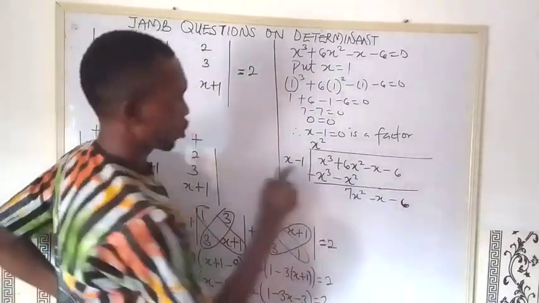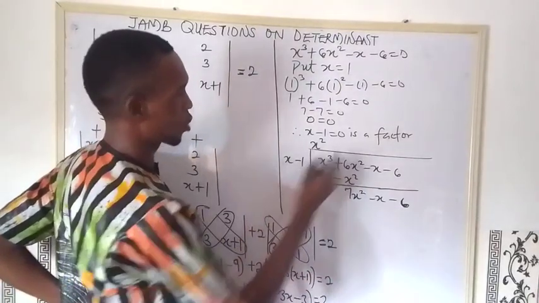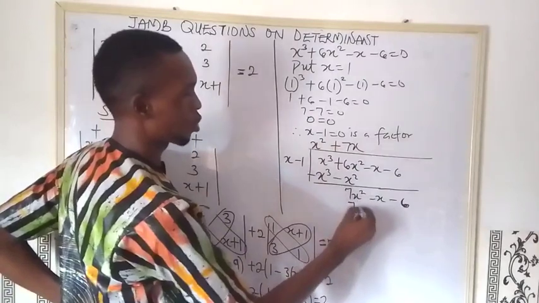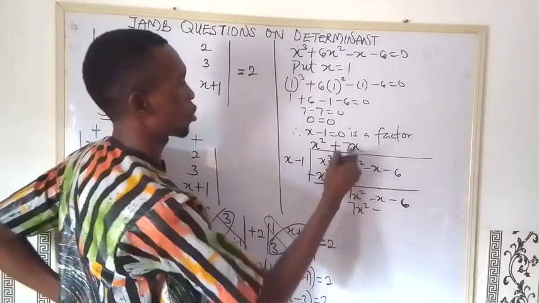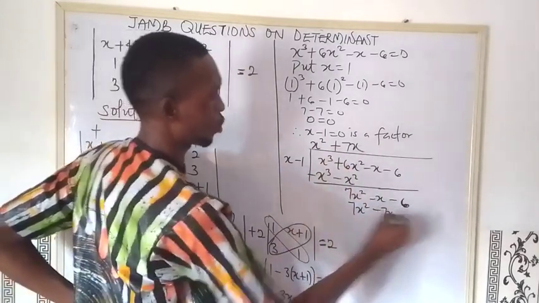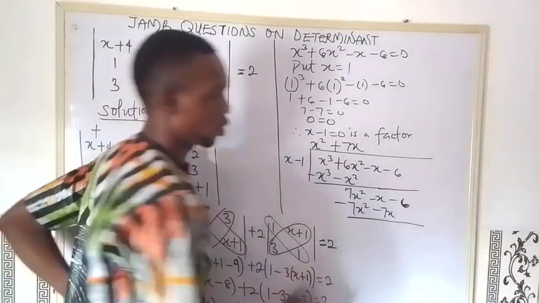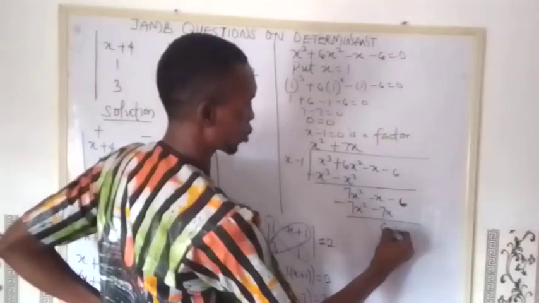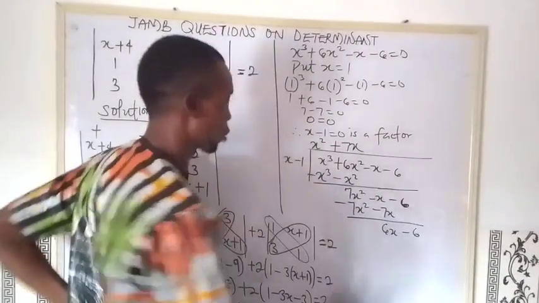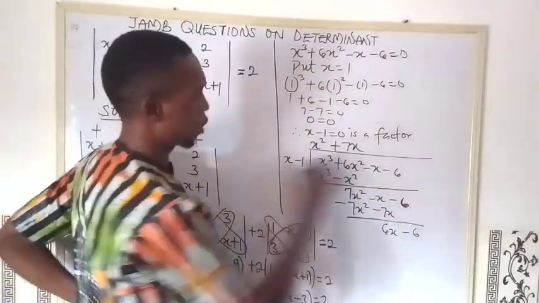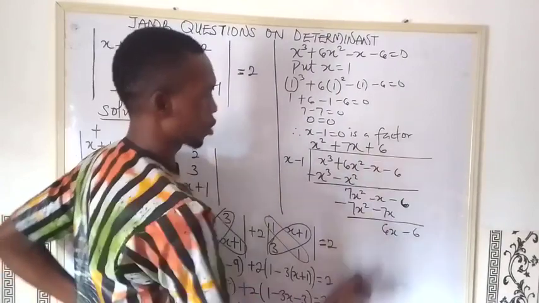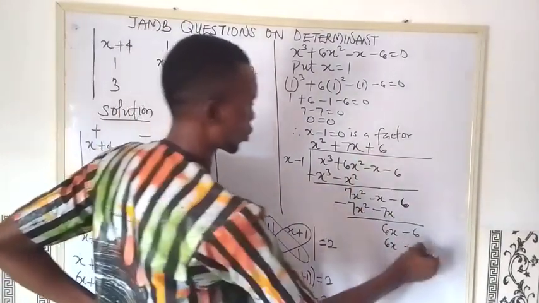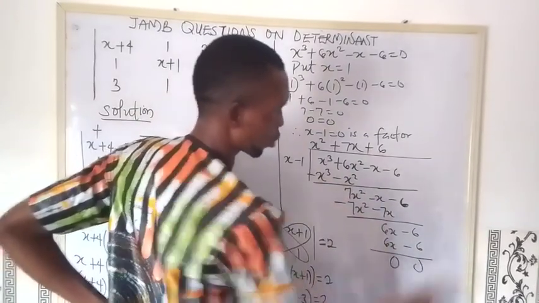You say 7x squared divided by x, that will give us 7x. 7x times x will give us 7x squared, minus 7x times 1, 7x. You subtract again. This will give us 0. Minus x minus this, this will give me 6x minus 6. Then you say 6x divided by x, that will give us 6. 6 times x will give us 6x, minus 6 times 1 will give us 6. This will give us 0, 0.